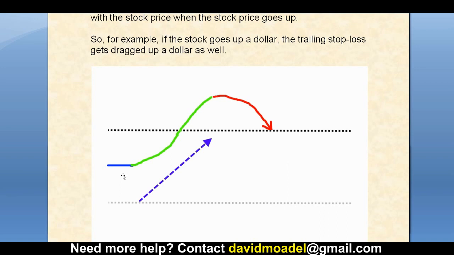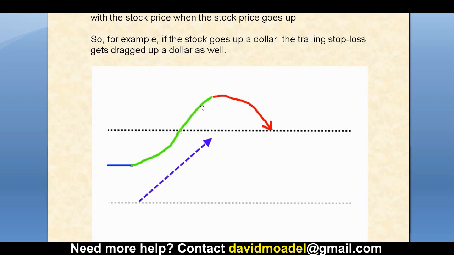So here's our example again, okay? So you bought the stock here, and you put your initial or first stop loss here, but you told your broker you wanted it to be a trailing stop loss, all right? And so if the stock moves up, this dotted line will move up along with it, okay?